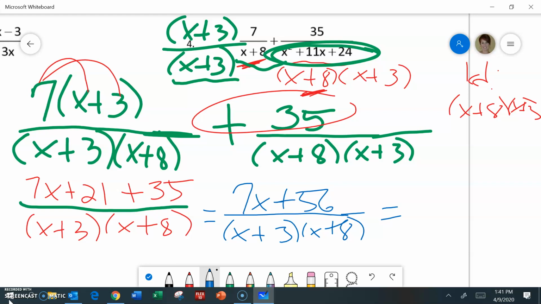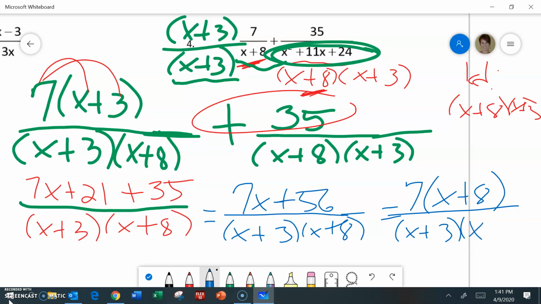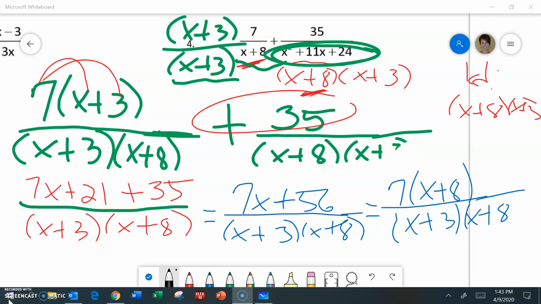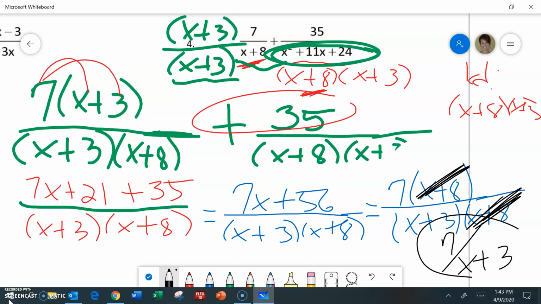Now I'm going to factor out a 7 from 7x plus 56, and I'm left with x plus 8 on the top, all over my original common denominator. Now what's lovely about this, as you can tell, we have that x plus 8 on the top, which will cancel with the x plus 8 on the bottom. So your final answer would be 7 all over x plus 3.